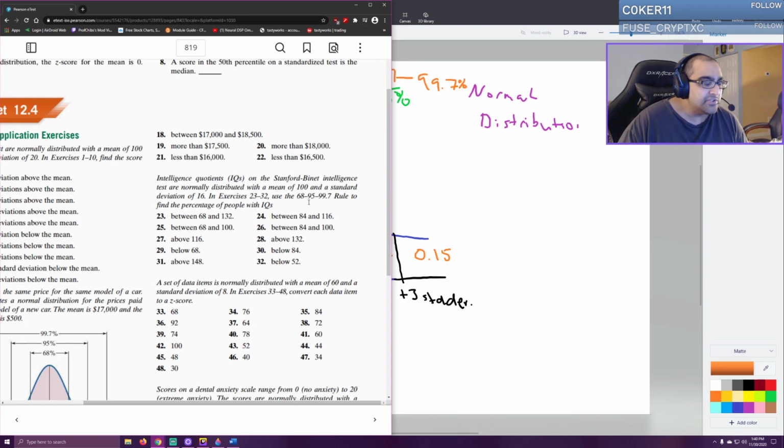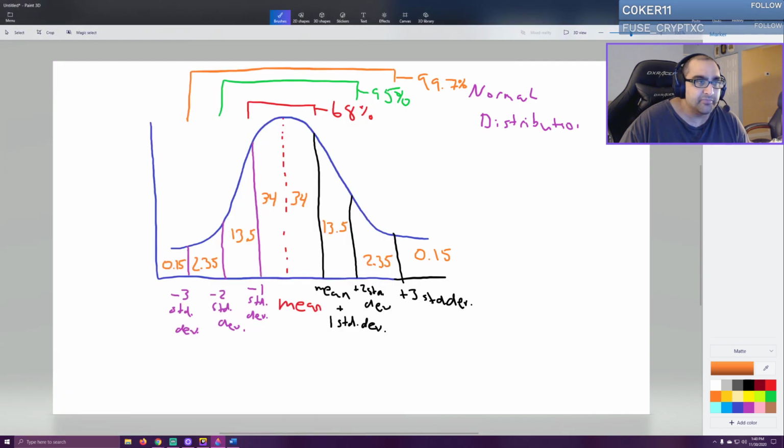We're going to use the rule that we just talked about here, the 68, 95, 99.7 rule, to find the percentage of people with the IQs here. Let's go ahead and see that 26 here says between 84 and 100. Okay. Well, before we do between 84 and 100, because that's our main question here, let's at least write it down.